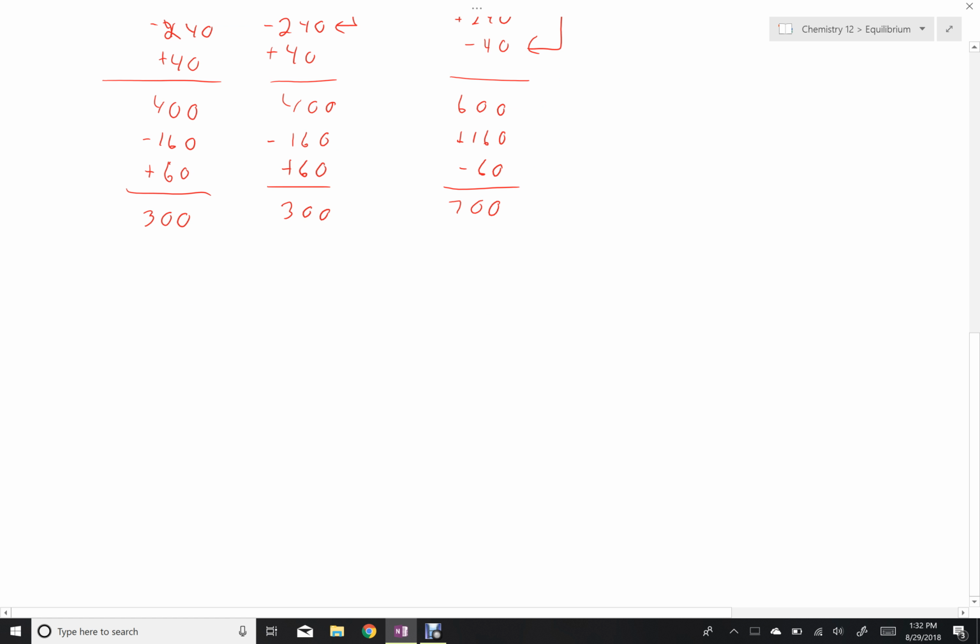Again, another 40%, that's 120. And 10% of 700 is 70. Oh, sorry, they're going to lose 120 first, then gain 70. So that means that this is going to be down 50, 250, 250, and this is going to be up 50 to 750.